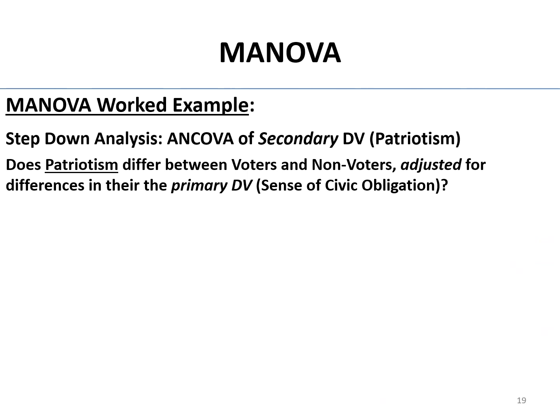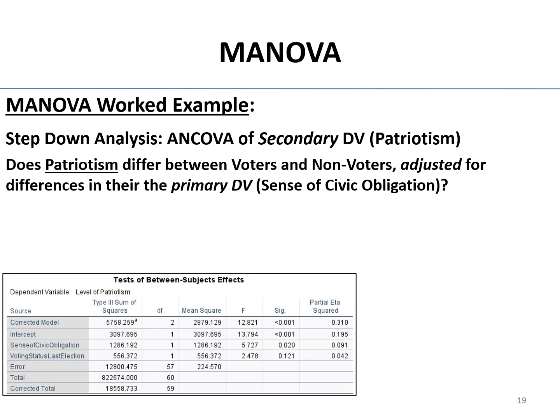So the question at hand: does patriotism differ between voters and non-voters adjusted for differences in their primary DV, which is their sense of civic obligation? Here's the actual test of between subjects effects. Going to go to that row first. That's for sense of civic obligation. This is our covariate, right?